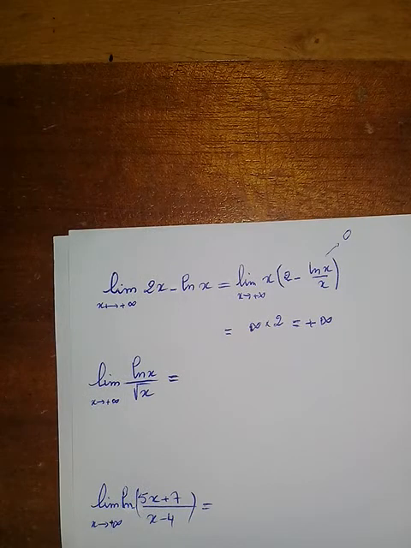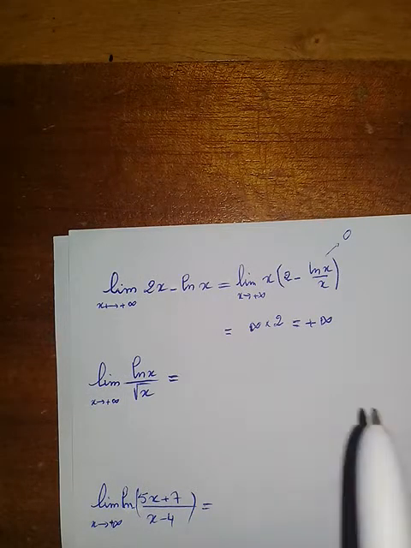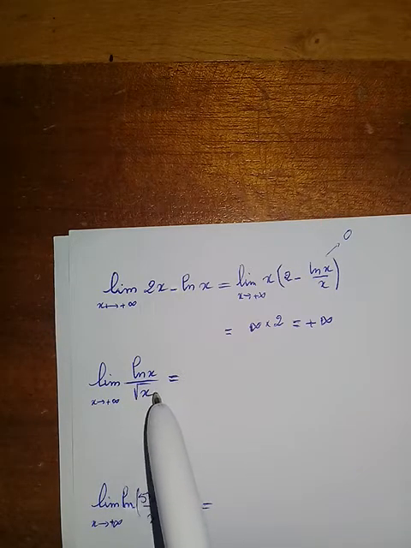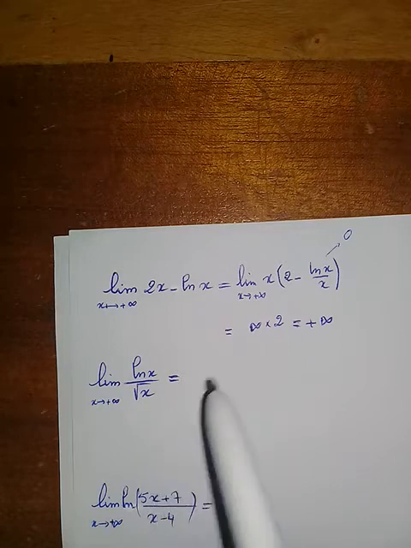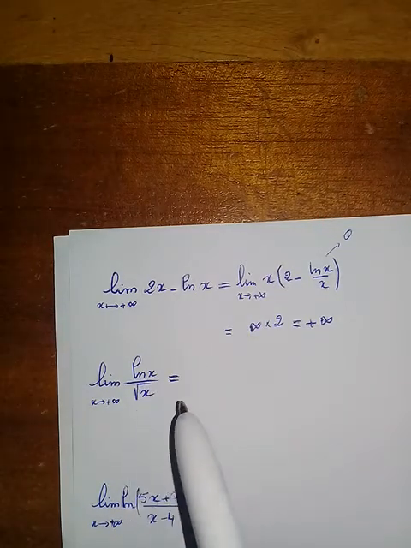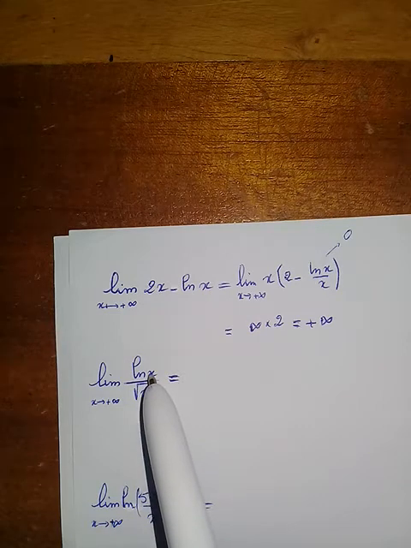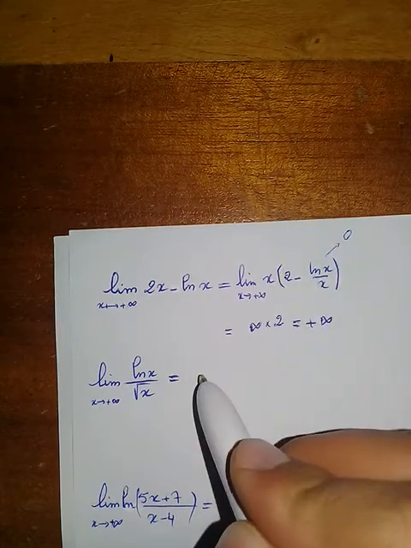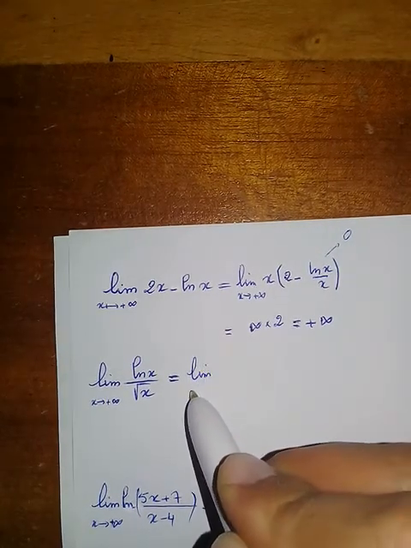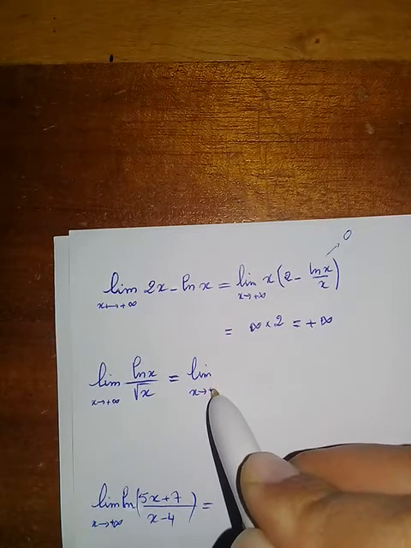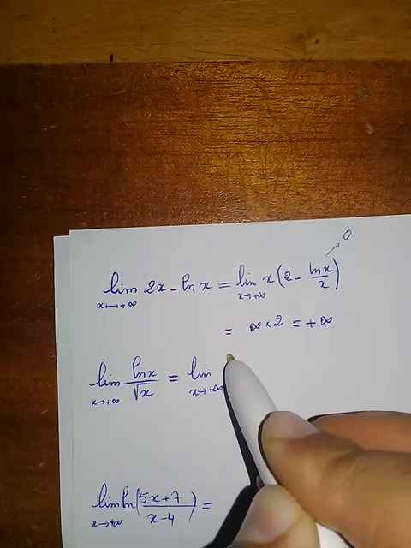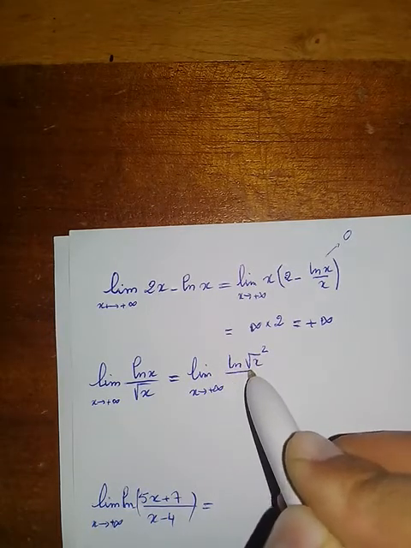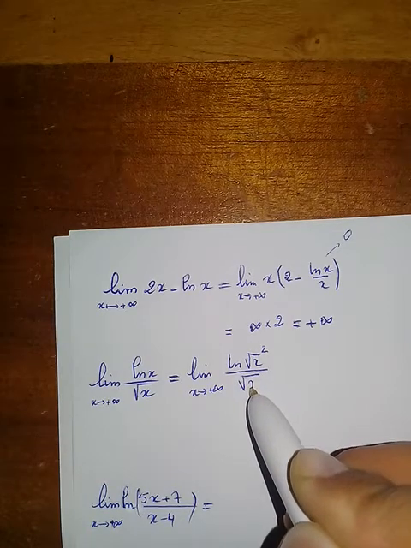The second limit: we have the limit when x goes to infinity of ln x over the square root of x. We can write x as the square root of x squared. So the limit as x goes to infinity of ln of the square root of x squared over the square root of x.